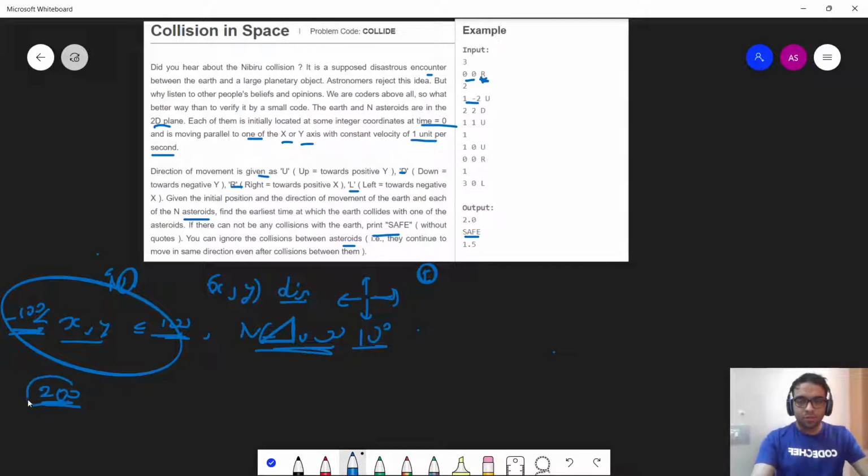So what we can do is, for the entire time of 200, also my answer can be in decimals. Say my Earth was currently at point 1 comma 0 and my asteroid was currently at the point 2 comma 0. Say my Earth was moving right and my asteroid was moving left. They'll collide at the point 1.5.